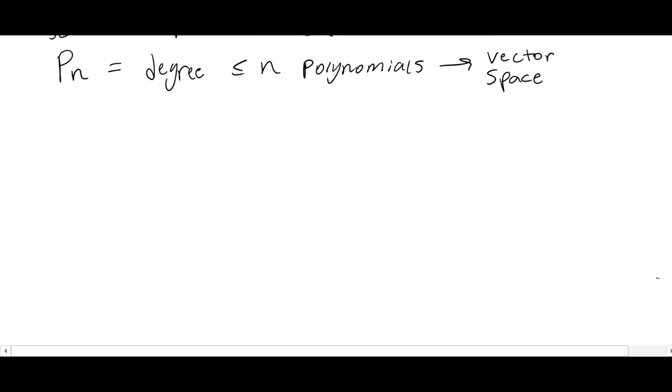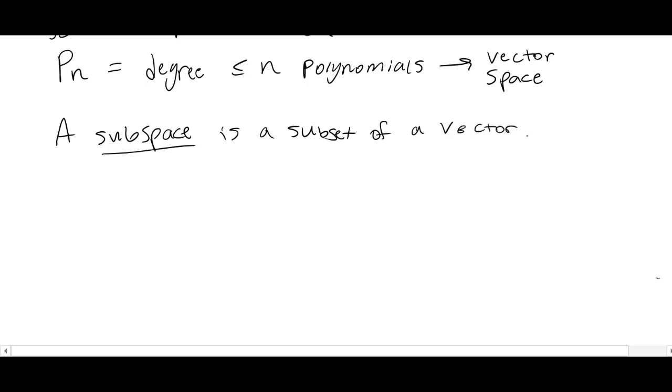Okay, we need to talk about smaller vector spaces inside bigger vector spaces, which are just subspaces. A subspace is a subset of a vector space, which is itself a vector space.